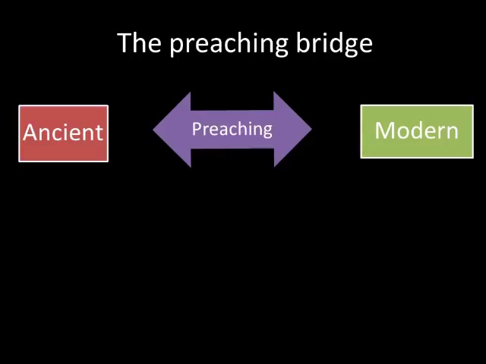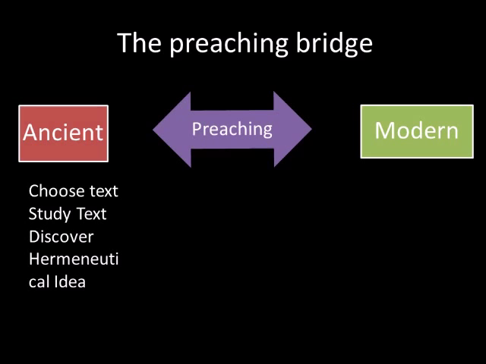Now, we're going to be looking at the sermon in three stages. The first stage is to investigate the ancient world, which means that we will be choosing a text, studying that text, and discovering the hermeneutical idea of that text, which we've discussed in the other lecture.